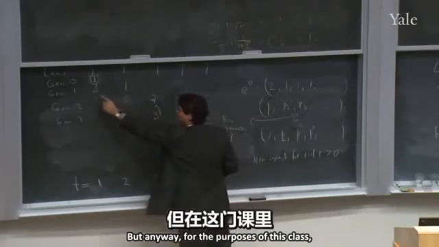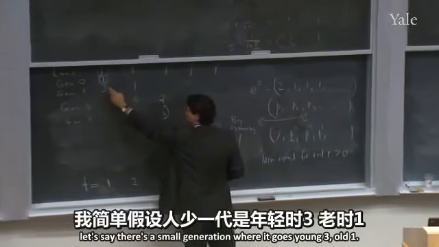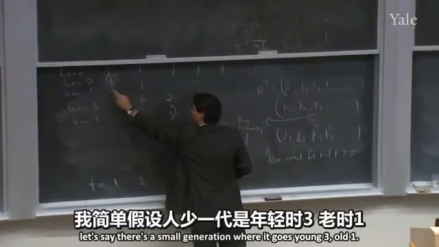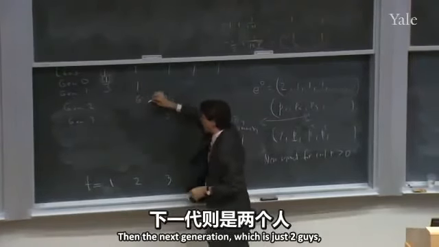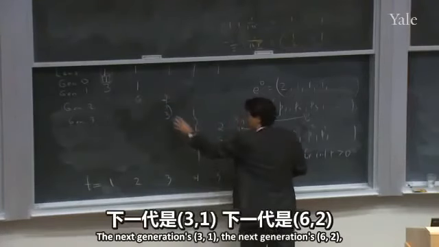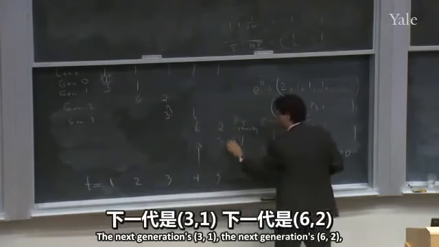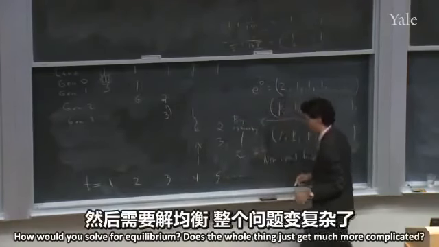But anyway, for the purposes of this class, let's say there's a small generation where it goes for, young 3, old 1. Then the next generation, which is just 2 guys, so they're both 3-1 guys, so in aggregate they're going to be 6-2. The next generation is 3-1, the next generation 6-2, the next generation is 3-1, and it keeps alternating like that forever.